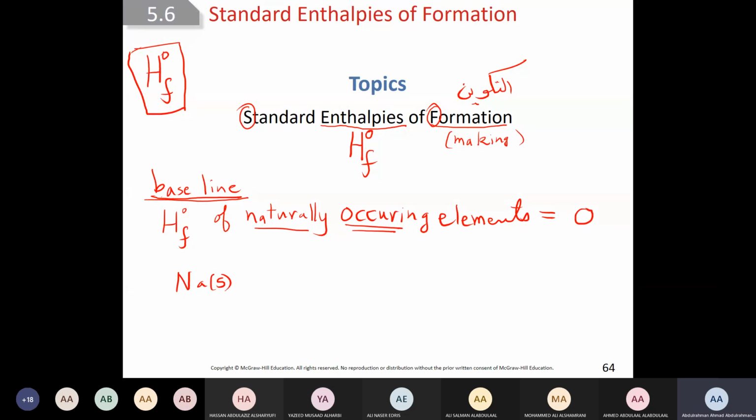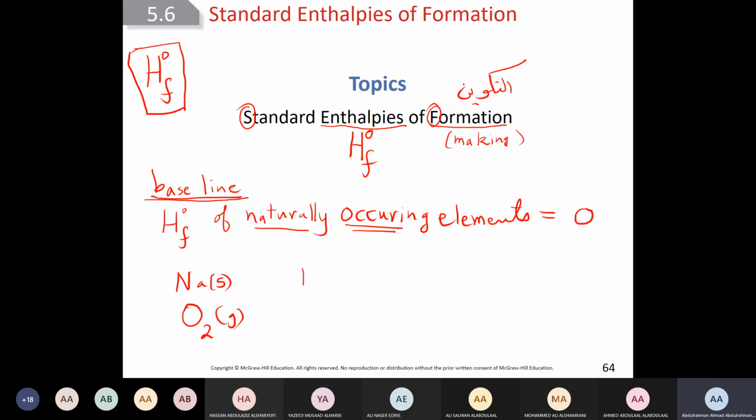All right. What's the heat of formation of O gas? 0? No, O is not 0. O2 is 0. Why is O2 gas 0? Because it is natural, available in nature like this.